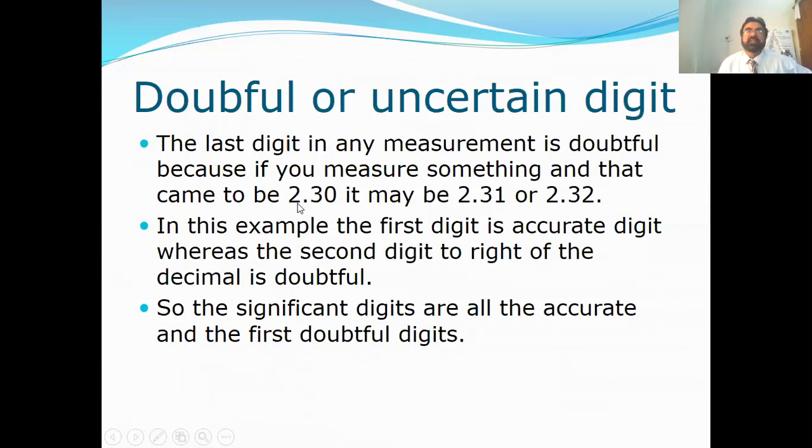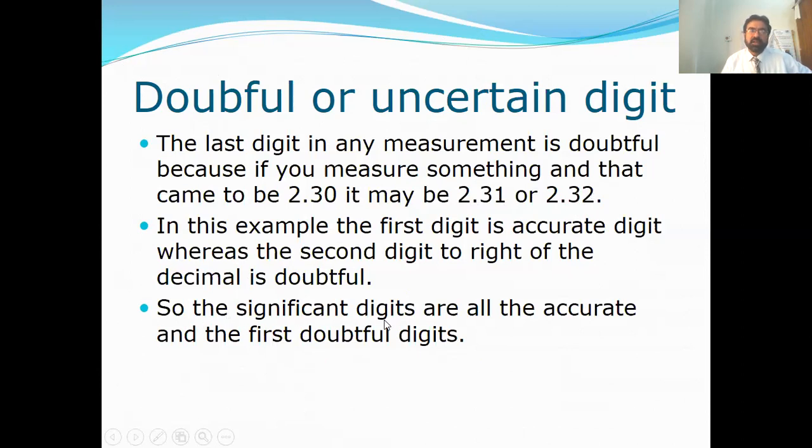Doubtful or uncertain digit. The last digit in any measurement is doubtful, because if you measure something and that comes to be 2.30, it may be 2.31 or 2.32. So over here, in this example, the first digit is accurate, whereas the second digit to the right of the decimal is doubtful. Like it may be 1, it may be 2, it may be 0.